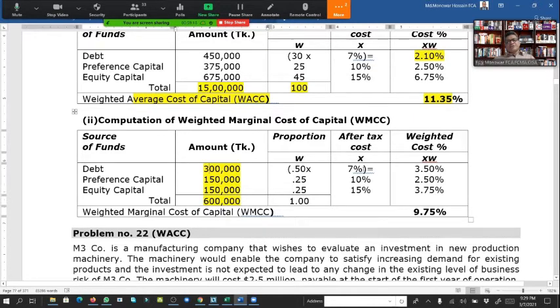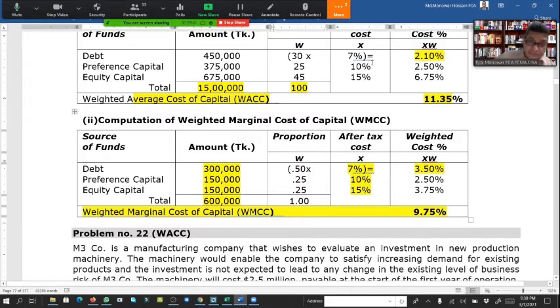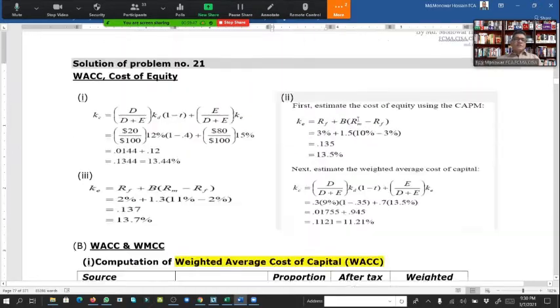With this figure, we multiply by the after tax cost, that means the rate of cost, and we get 3 weighted costs. If we add these weighted costs, we get 9.75%. So that is the weighted marginal cost of capital. It is very simple, as with the weighted average cost of capital, just calculated marginally, that means for the last one.